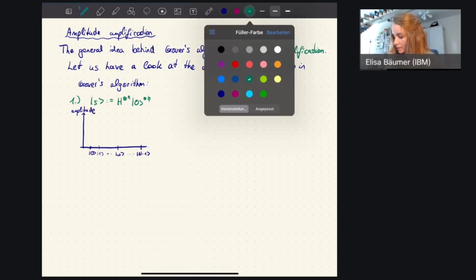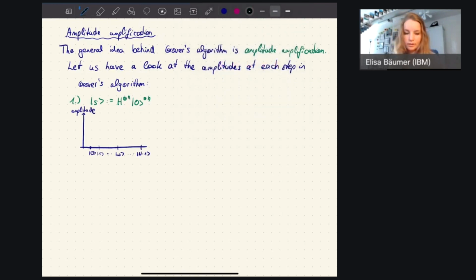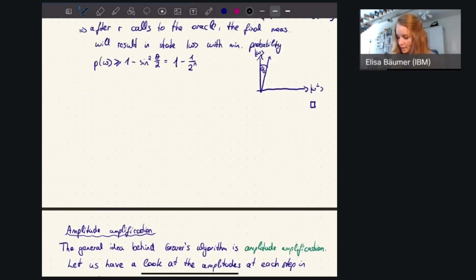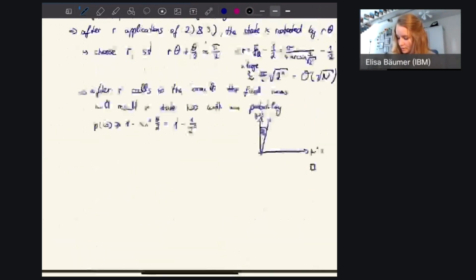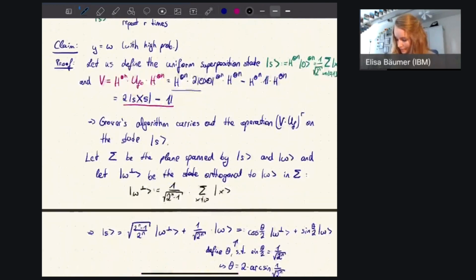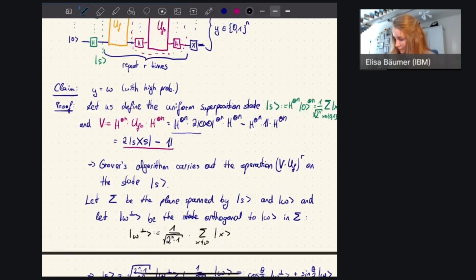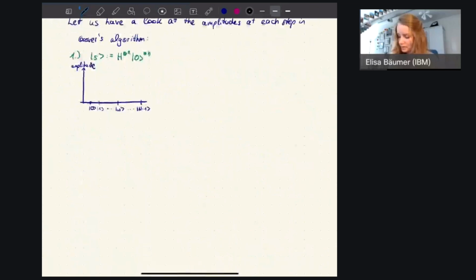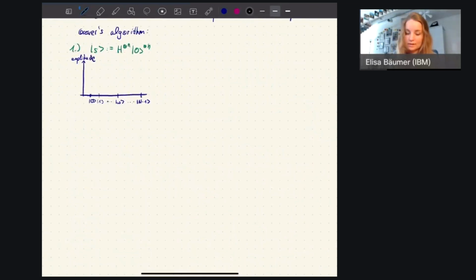And now if we plot the superposition state, then we know this state is given by 1 over square root of 2 to the power n times an equal superposition, so the sum of all these states. So they all have actually the same amplitude, and it's just going to be 1 over square root of n.